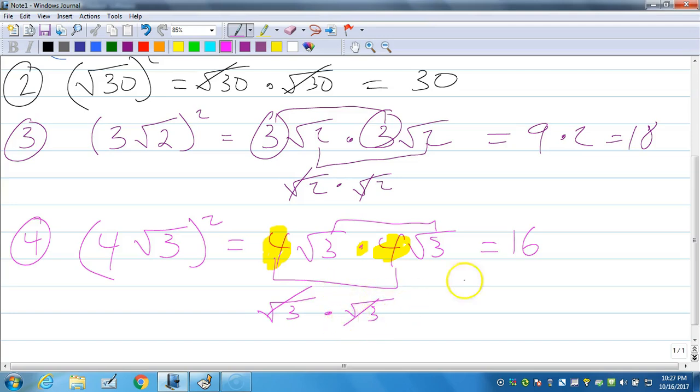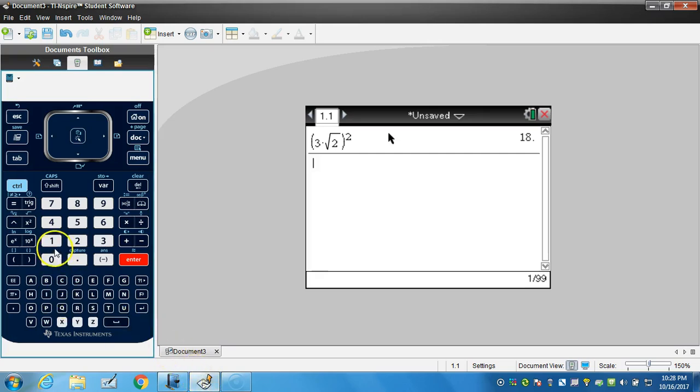Those cancel and it's just 3. So 16 times 3, which gives us 48. Again, the calculator will do it for you, assuming you know how to put it in correctly. 4 square root of 3, get out of the parentheses, squared. There you go. Right?